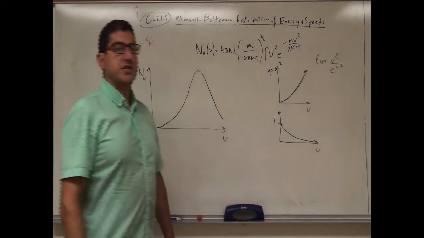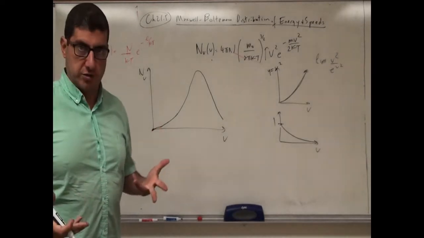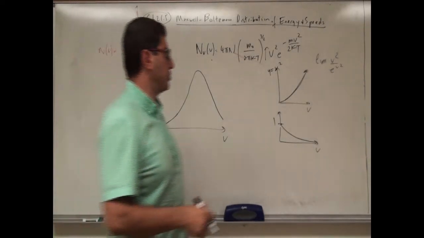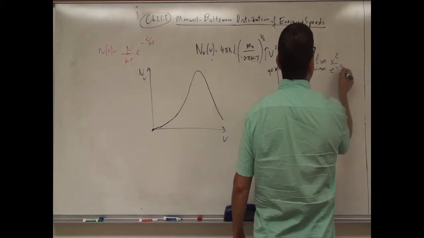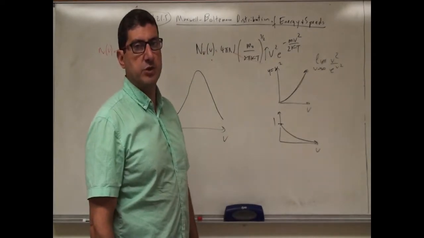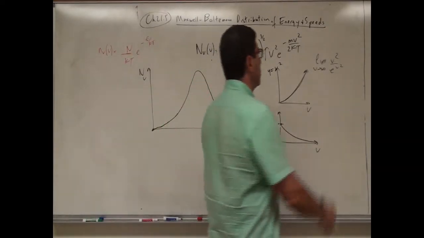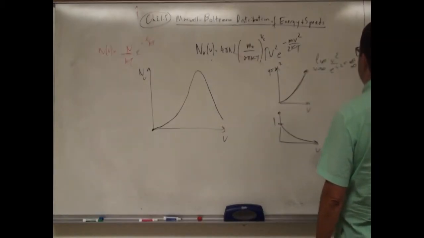Which one is bigger, v squared or e to the v squared? Take the limit of that function as v goes to infinity. Well, e to the infinity squared is going to trump the v squared by a lot. If you put infinity here first, you're going to get infinity over infinity, so it's undetermined.